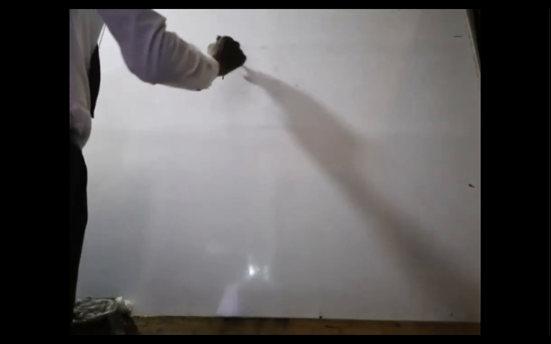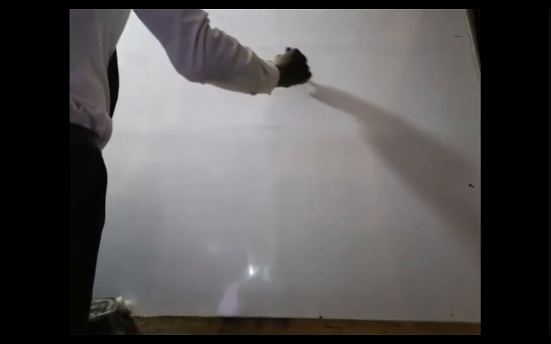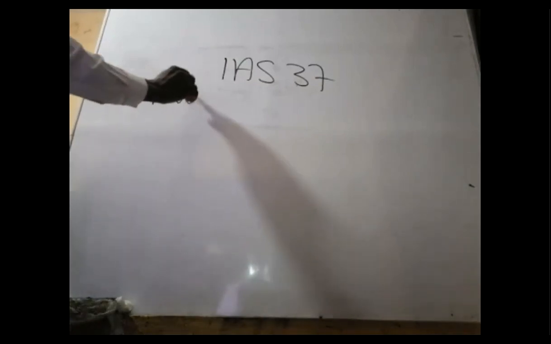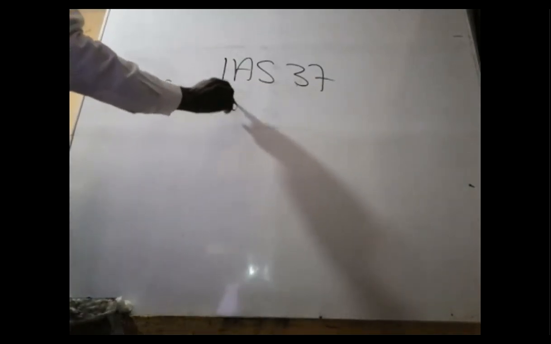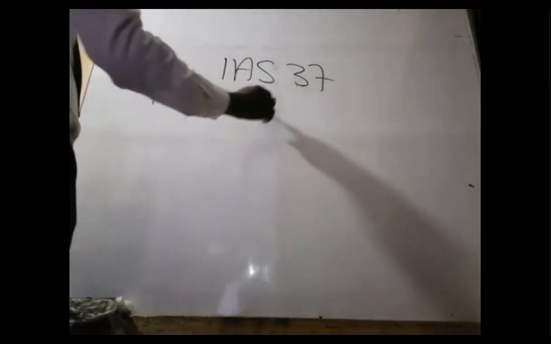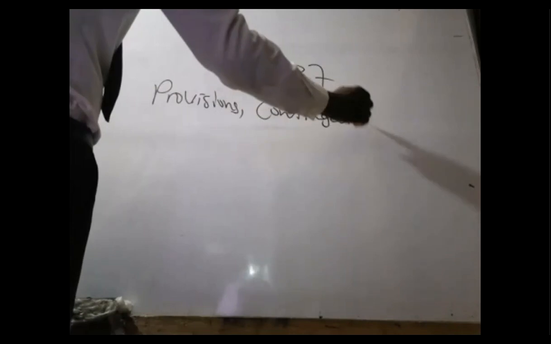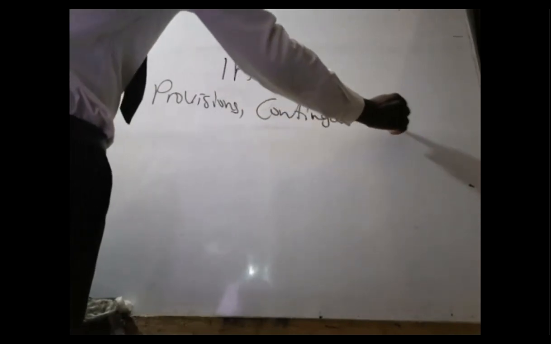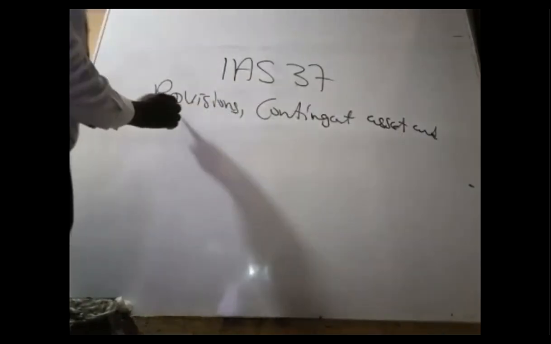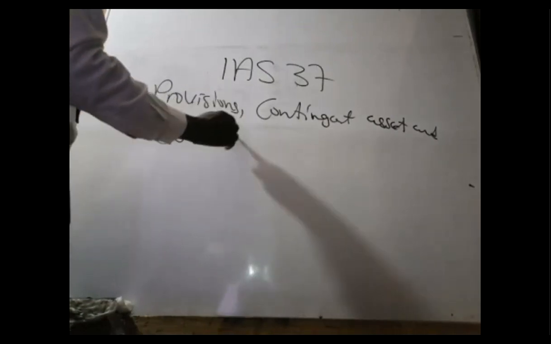Great. So welcome to the question solving stage of IAS 37. It talks about provisions, contingent assets, and what? Contingent liabilities.